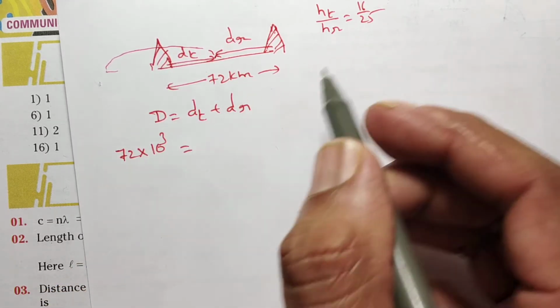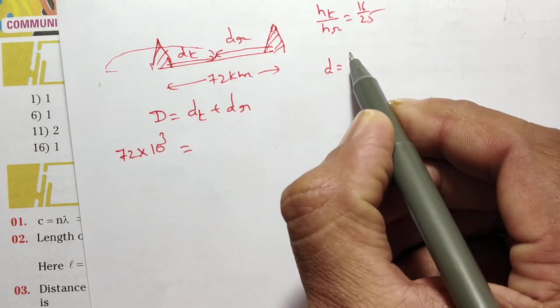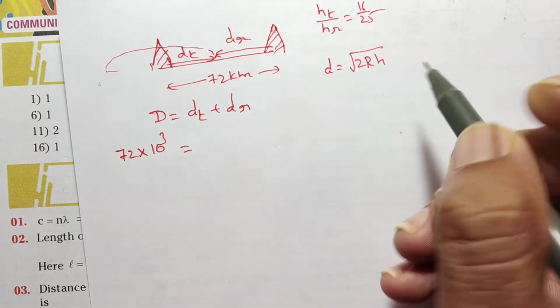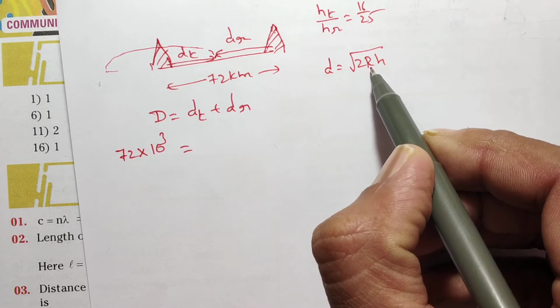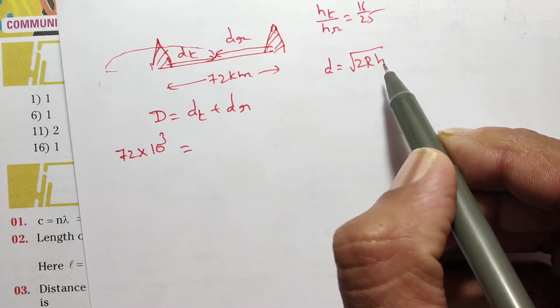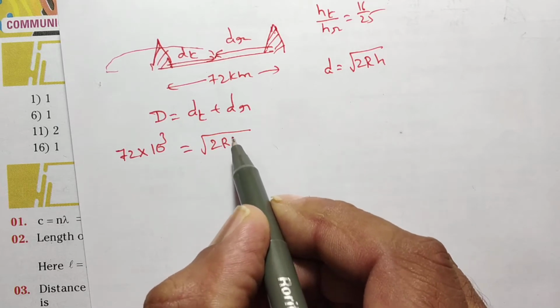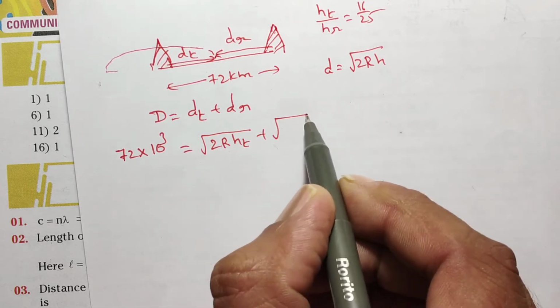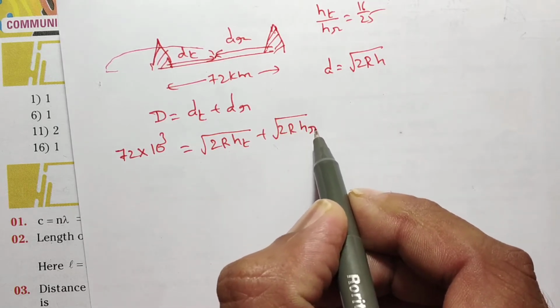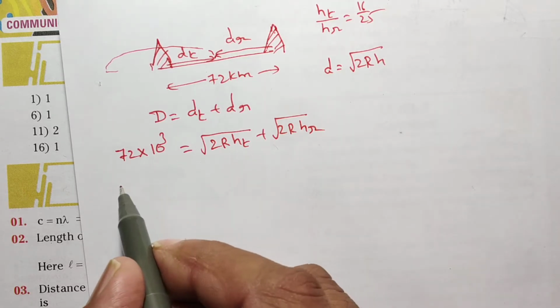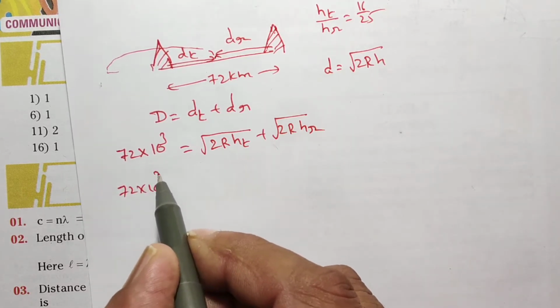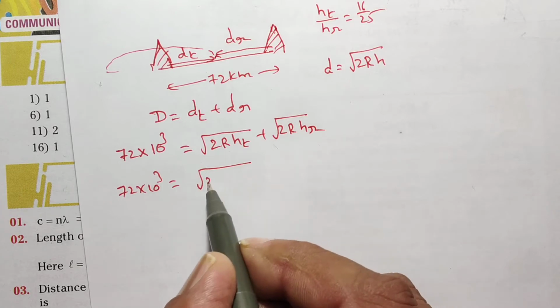In general the distance formula is the square root of 2 into r into h, where R is the radius of the earth and h is the height. That means d equals square root of 2 r ht plus square root of 2 r hr.